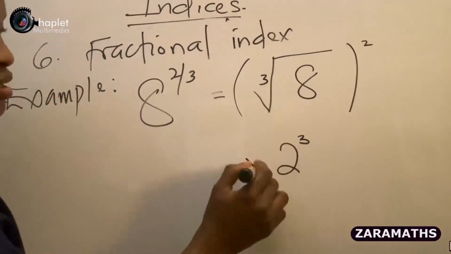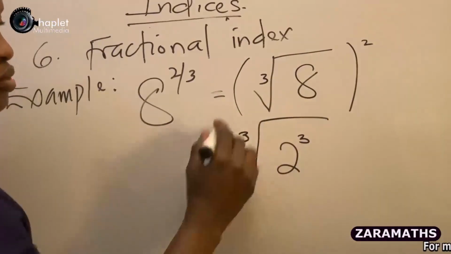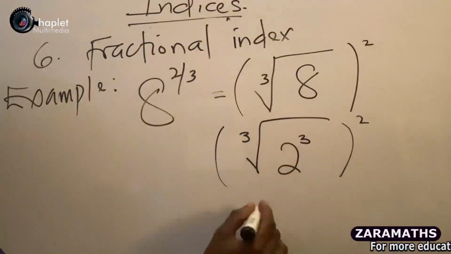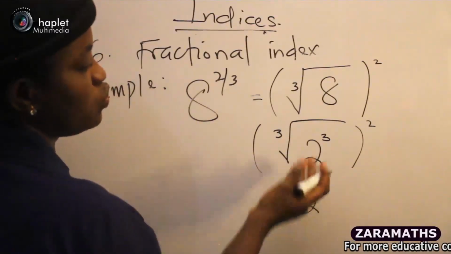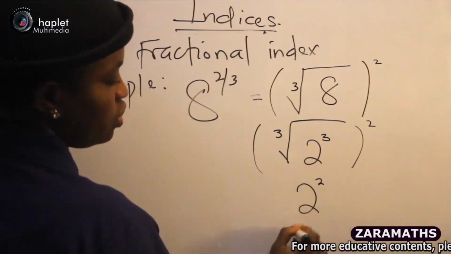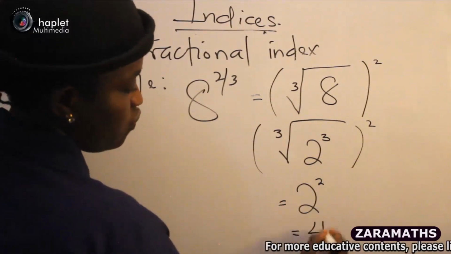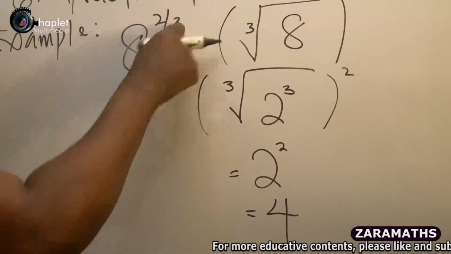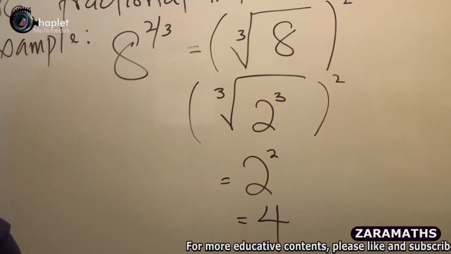That is 8. So the cube root will cancel the cube to give us 2. So the cube root of 8 is 2, all raised to the power 2 to give us 4. 2 times 2, 4. So 8 raised to the power of 2 over 3 is 4.